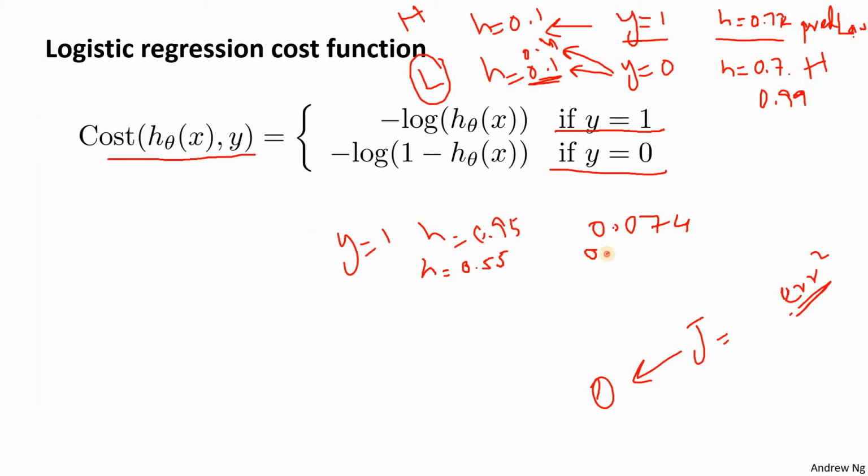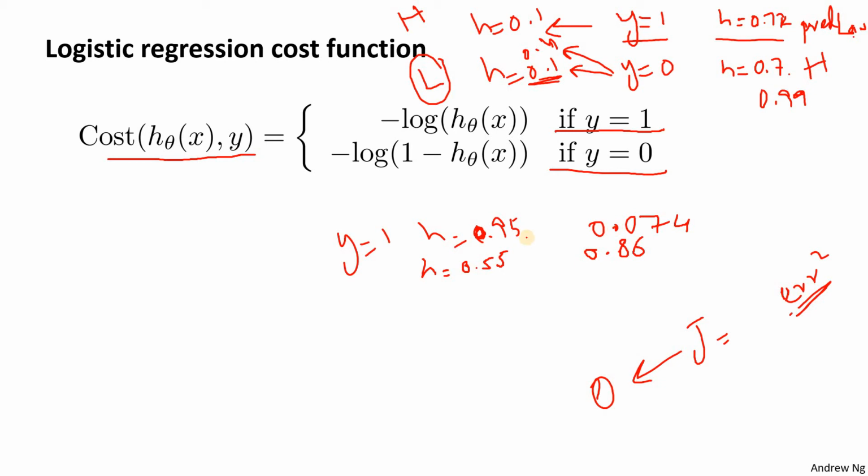So you see, both times my hypothesis output comes out to be class 1. But based on my confidence, or my closeness to 1, I will get different error values.